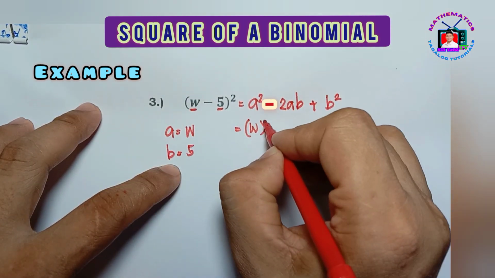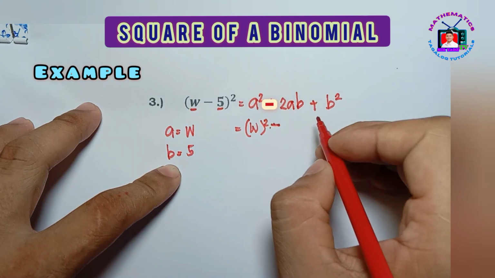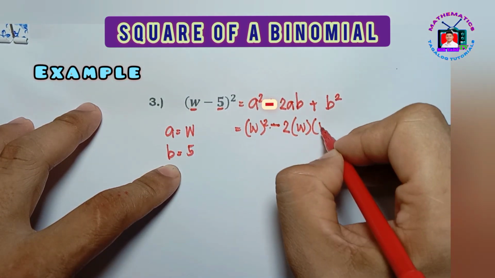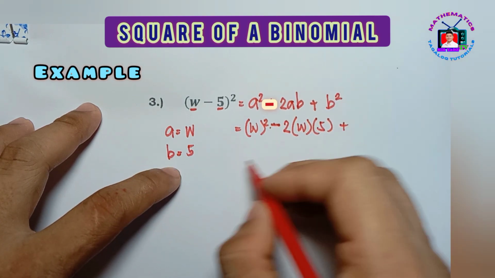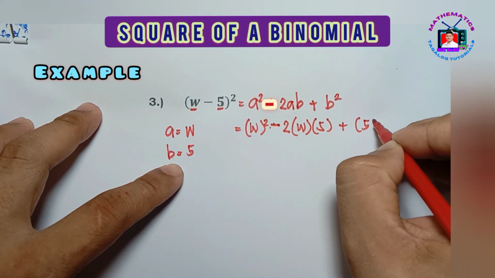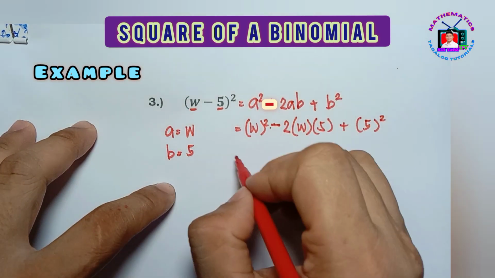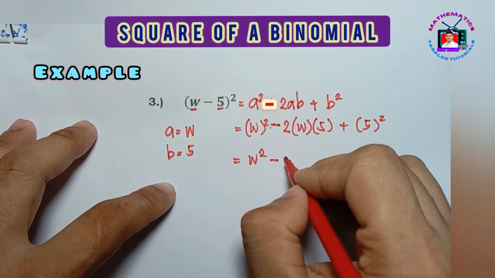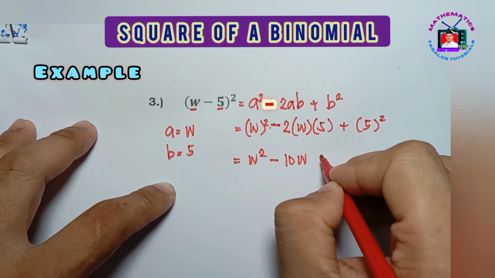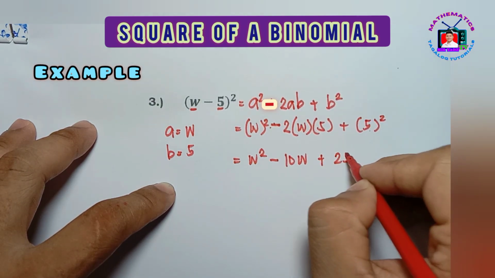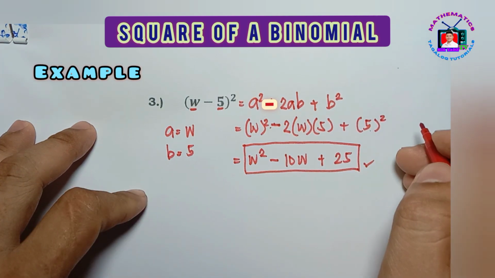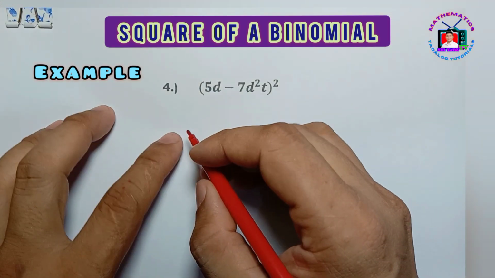So our a is w, w squared, minus 2 times a, w, times b, 5, plus again our b squared. Then simplify. So w squared minus 2 times 5 times w equals 10w, plus 5 squared is 25. So that is already our perfect square trinomial. That is our answer for number 3.